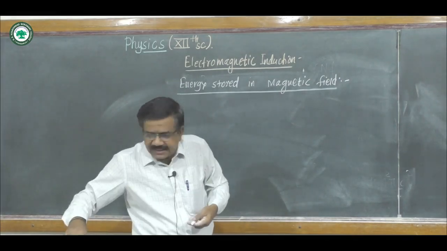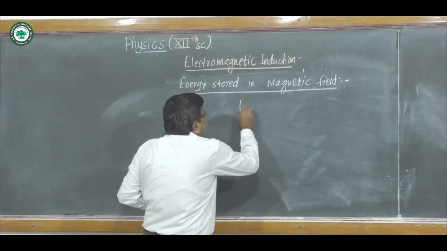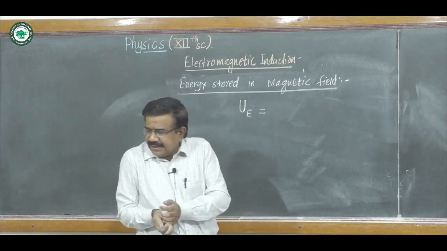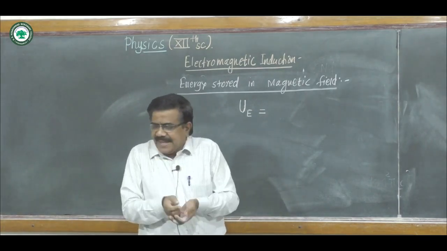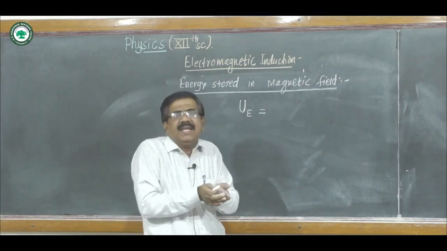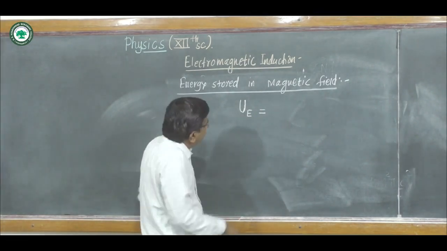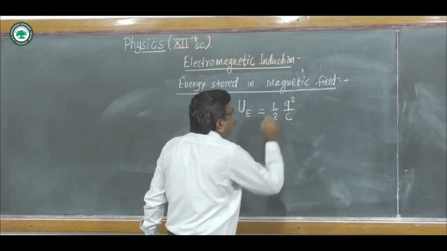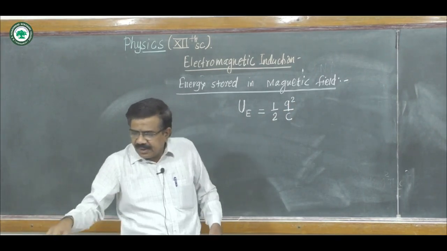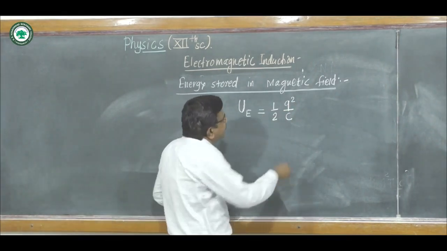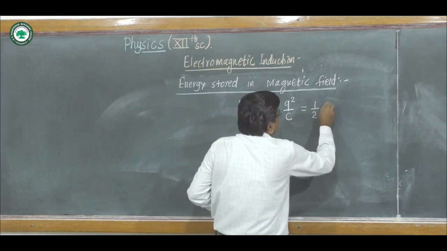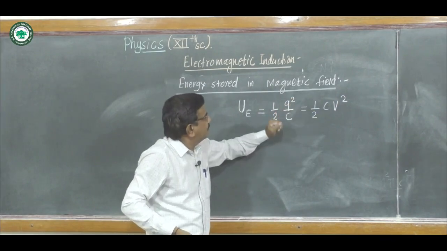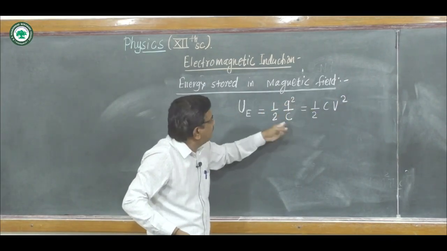In electrostatics, the electrostatic energy, we call it UE, stored between the plates of a capacitor having capacitance C and charge Q, is 1/2 Q square by C. We know this formula, 1/2 Q square by C, or it is 1/2 CV square, because Q is CV, so Q square is C square V square, one C cancels.